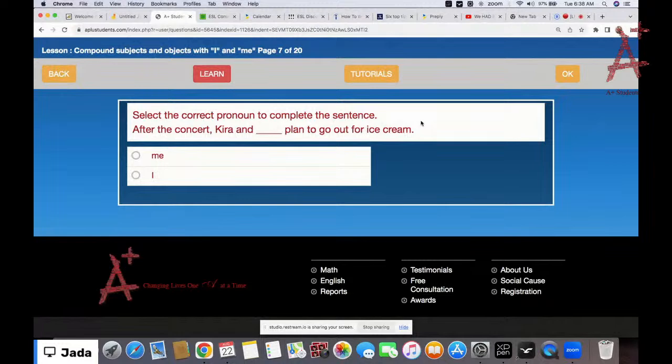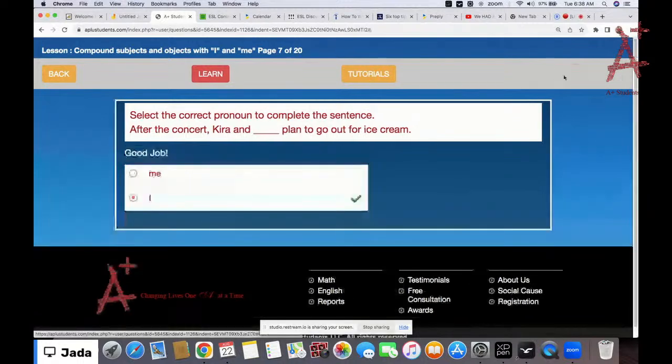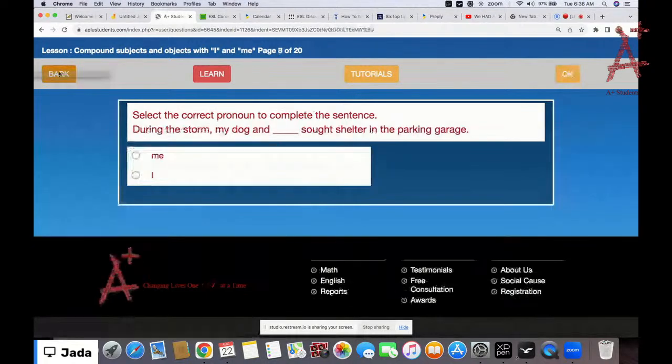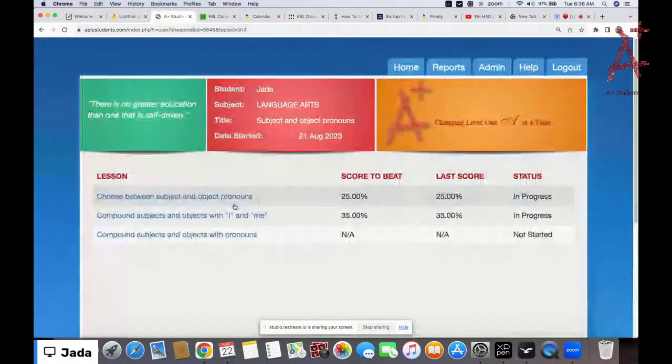What's gonna be the answer here? I. Okay. So I do hope that you all understand this lesson, okay? For the I and me. I hope that in the future, when you make sentences, you do not make mistakes with I and me because, yeah, it's very easy to confuse them.